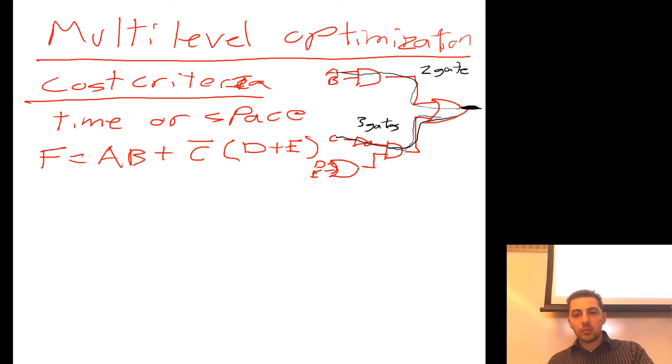And the last way I can go through here is also 3 gates. So that's one way of measuring delay, based on time.